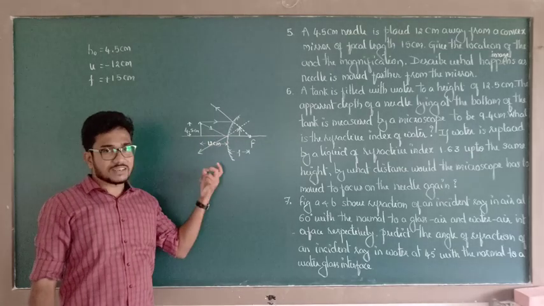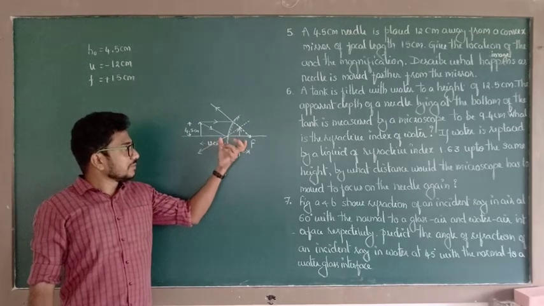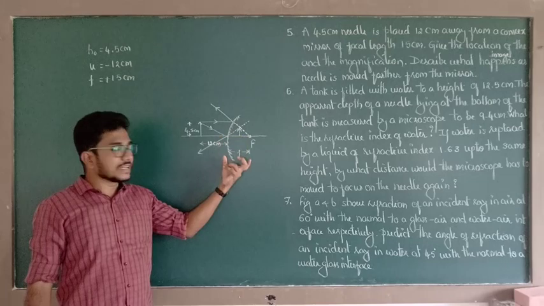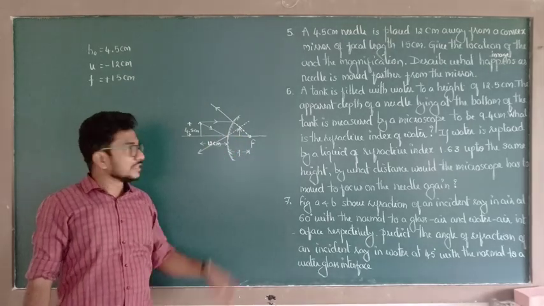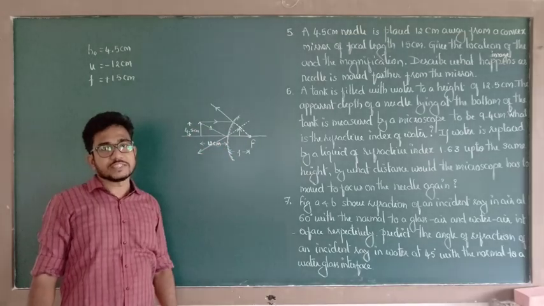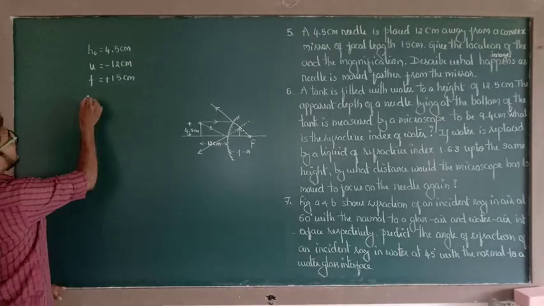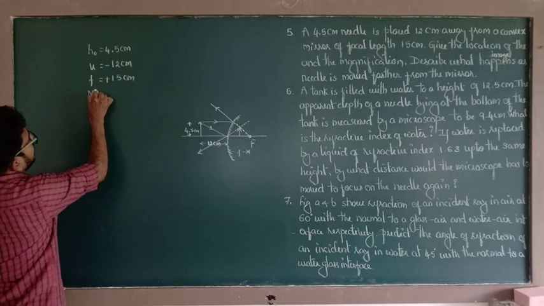So we can guess our answer: the image distance should be less than the focal length of this mirror. If the image is at the principal focus, the object is at infinity. We know that with the help of the mirror equation we can solve this numerical.